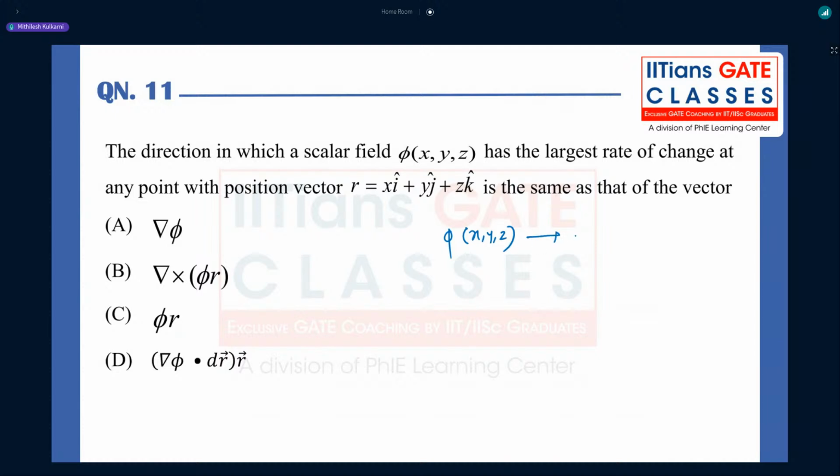If phi is a scalar field, then gradient of phi denotes the largest rate of change. And what is gradient of phi? It's del phi. Hence option A is correct for this question.